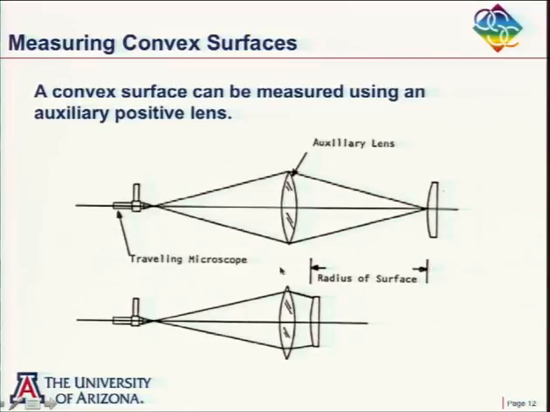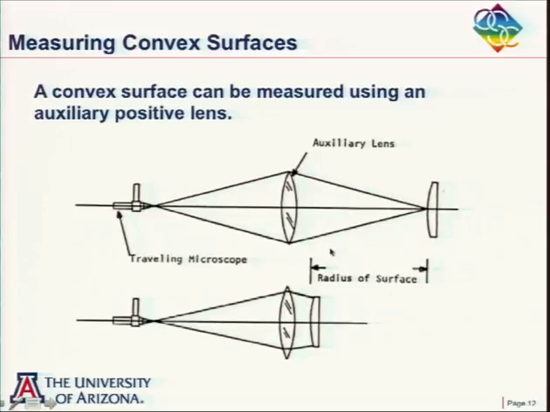And again, the distance I move gives you the radius of curvature here. So we have to have something, another lens here, that produces an image here farther away from the lens than whatever the radius of curvature of this convex surface is.